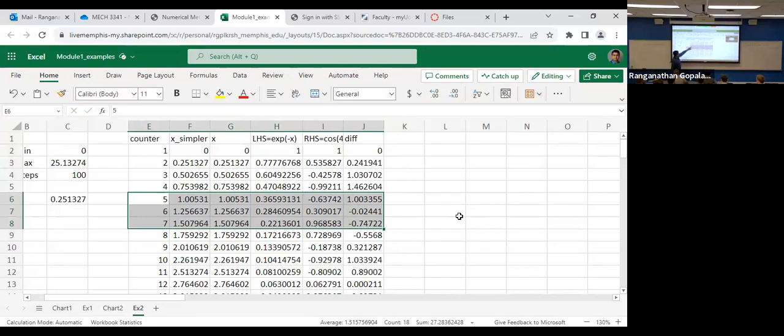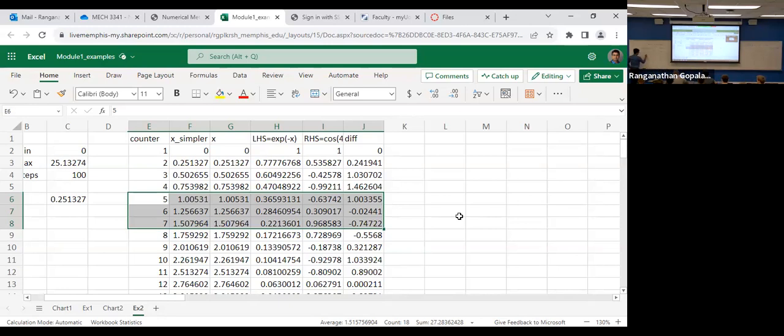At x equals 1.005, the difference was positive. And what is the difference? It's exponent of minus x minus cos 4x. So let me write that here. Please, no need to write, listen, okay? The difference is defined as e power minus x minus cos 4x, LHS minus RHS. If difference is positive, what does that imply? It means this function was larger.